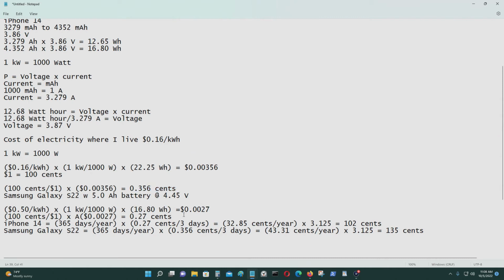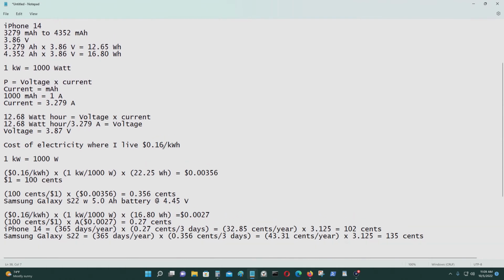So the next thing is I want to find out how much it costs for the Apple iPhone 14. 16 cents per kilowatt hour. To do the same thing, 1 kilowatt is equal to 1,000 watts times 16.80 watt hours.